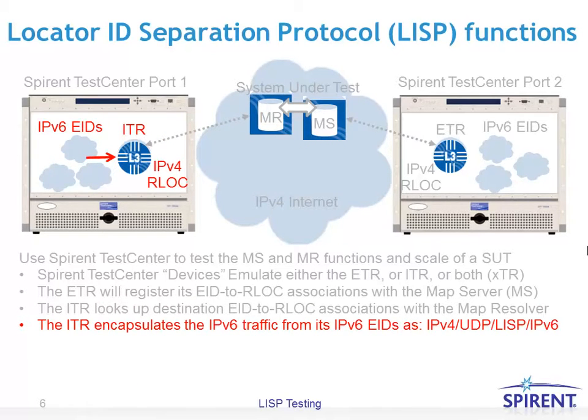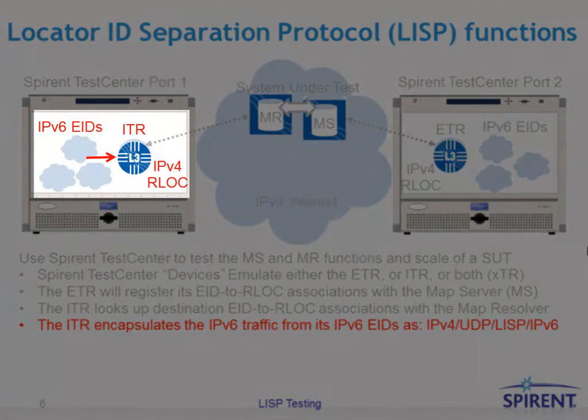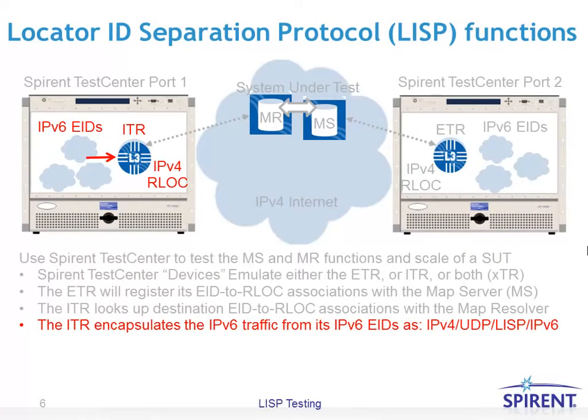Upon receiving traffic from its local IPv6 EIDs, the ITR will encapsulate the IPv6 traffic as IPv4. That would be a globally routable IPv4 internet header using the IPv4 RLOC address of the ITR, then a UDP header, a LISP header, and then an IPv6 header, which is the original IPv6 traffic from the IPv6 EIDs.